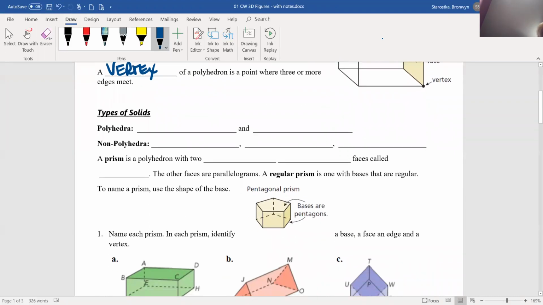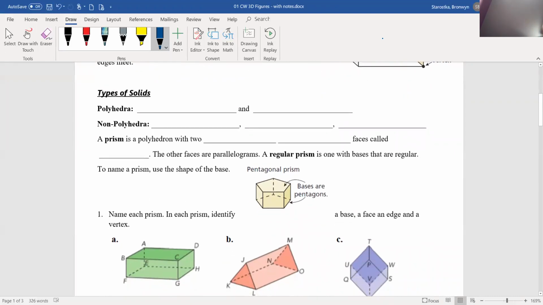We're going to study a few different types in this video. When we talk about polyhedra, we're going to talk about prisms and pyramids. If you look at the calendar, we're going to do prisms first, and then we're going to do cylinders, which are non-polyhedra.